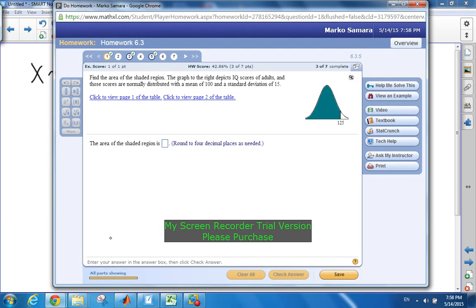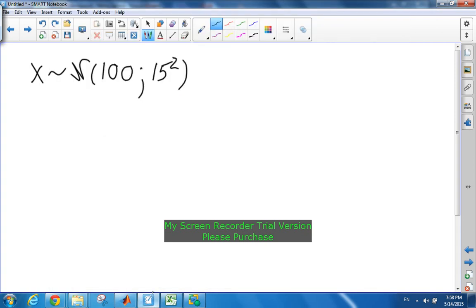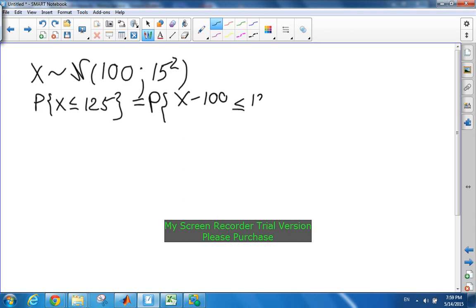Let me just double check. Yes. And the question is, what's the probability that x is less than or equal to 125? Now, if you just want to use the z table, you would write this as the probability that x minus mu, in this case 100, is less than or equal to 125 minus 100. So I just subtracted 100, which is the mean of x, and then divide by sigma, which is 15.